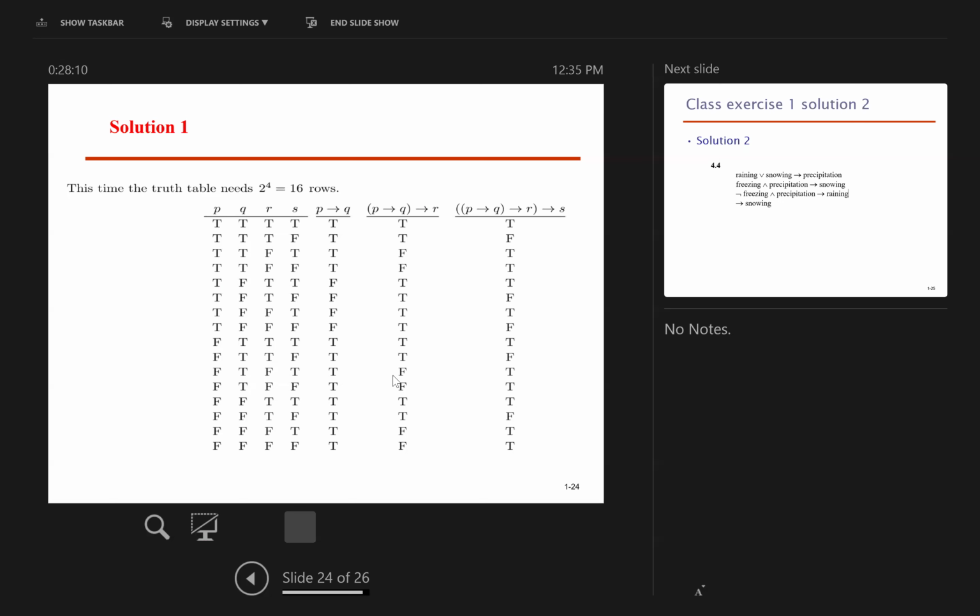So what we do first, we do P implies Q because it's the inner one. Then after that, we do (P implies Q) implies R because it's the next inner. Then we do ((P implies Q) implies R) implies S, which will be the final result. So if you understand the implication truth table, that's it. We know that in the implication truth table, the only time we get false is when the first is true and the second is false.